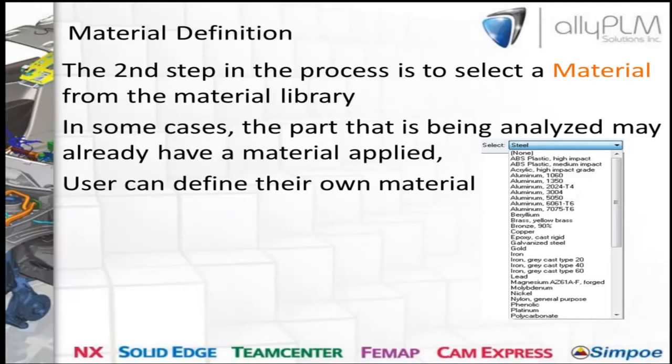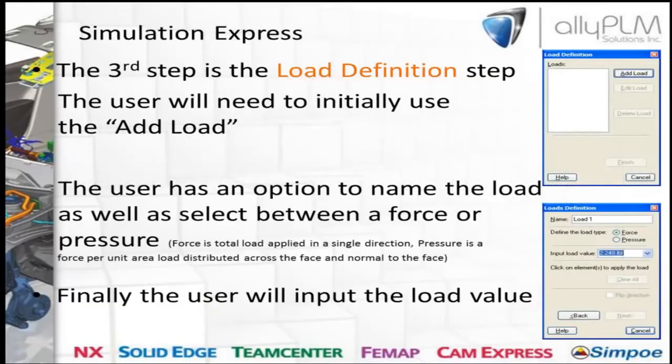You can create custom materials if you're following an ASTM standard for any custom material specification. Make sure you add that material in, and when you add it, put in all the values for Young's modulus, Poisson ratio, and everything, so that material specification can be used inside our analysis.